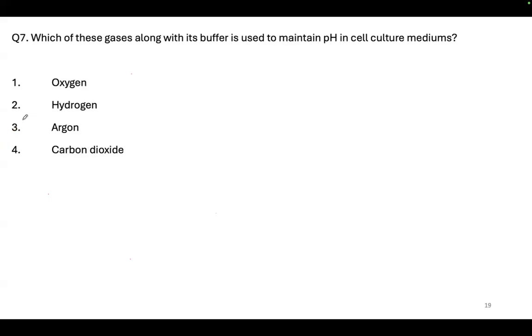Which of these gases, along with its buffer, is used to maintain the pH? This was talked about in the lecture. So carbon dioxide. The idea is that carbon dioxide and water make carbonic acid, H2CO3. So H2O and your carbon dioxide become H2CO3.